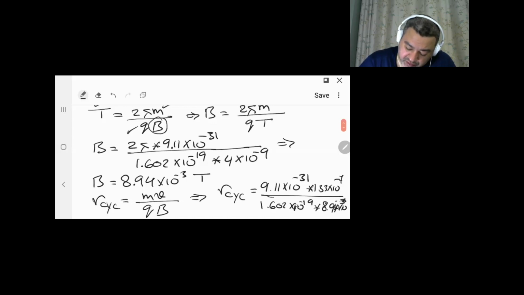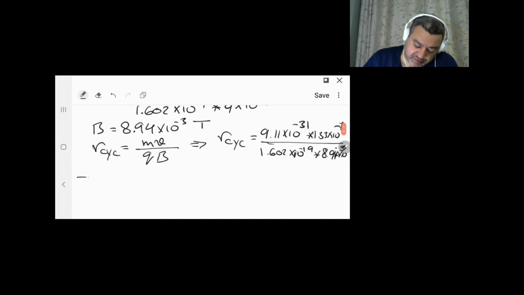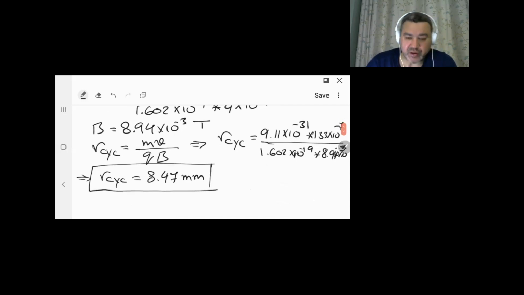Then our cyclotron radius is 8.47 millimeter. So this is what I would be recording on the machine: the distance from where the charge has entered the magnetic field, the distance curling up, would be 8.47 millimeter.